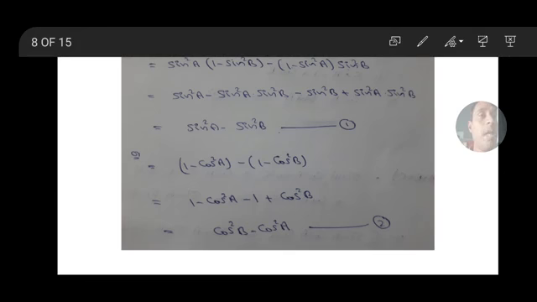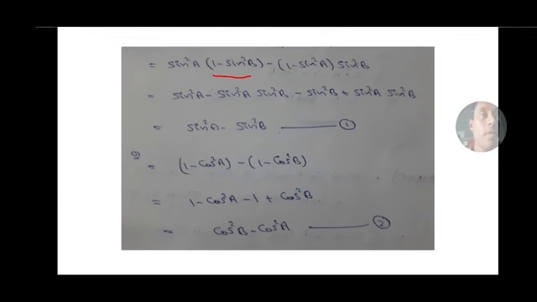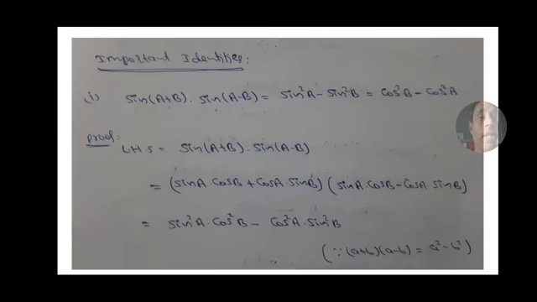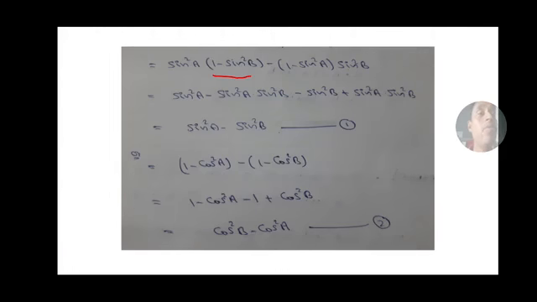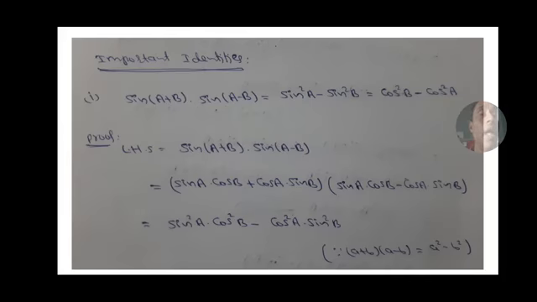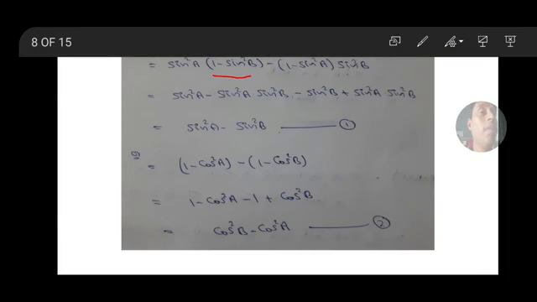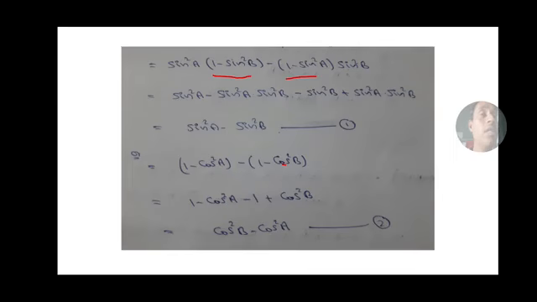Cos square b can be written as 1 minus sin square b, since cos square theta equals 1 minus sin square theta. Therefore cos square b can be written as 1 minus sin square b, and cos square a can be written as 1 minus sin square a.